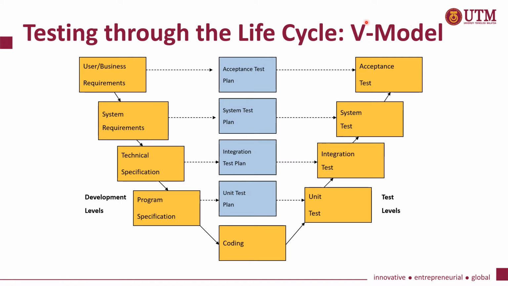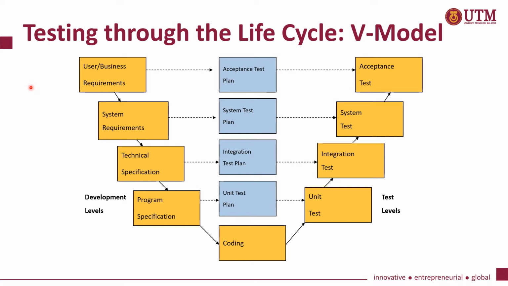This slide shows the V model, which is related to testing the system through the life cycle. I will now list 7 important points related to the V model. Point number 1.